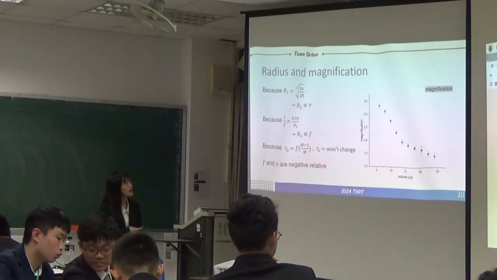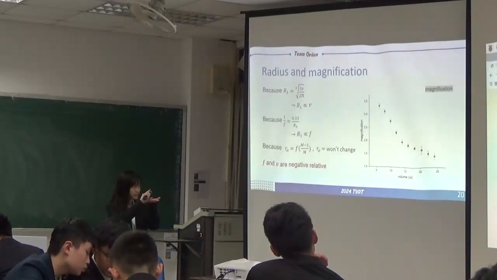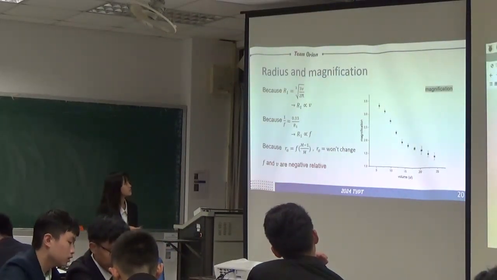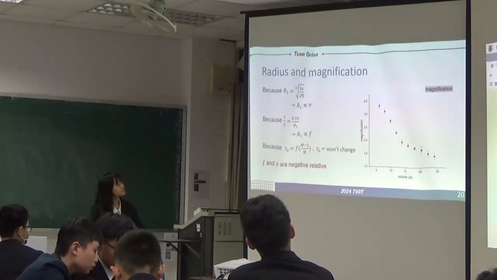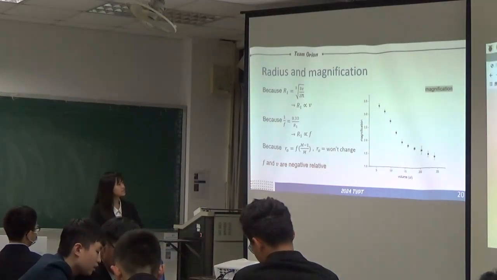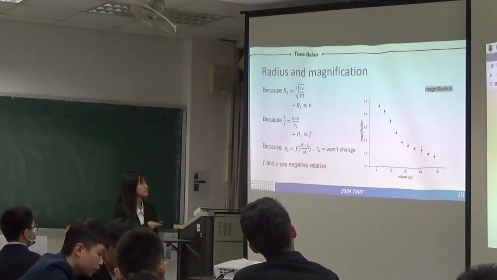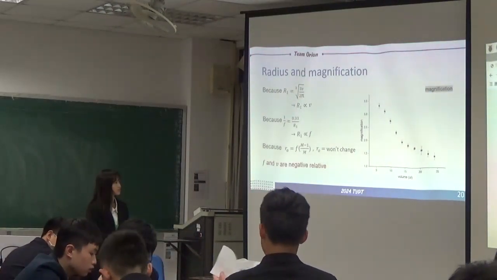However, because R_O is a constant, since we didn't change R_O, we can find that F and V have a negative relation. So as the chart shows, it is negatively related.